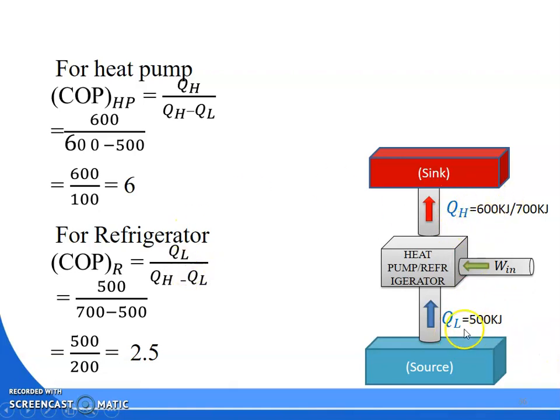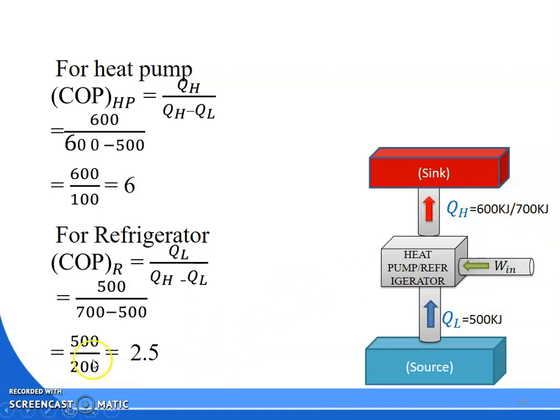For the refrigerator, it is 500, but heat rejection is 700. Only if it is the same, then COP of refrigerator plus 1 is equal to COP of heat pump. It will be possible when both are operating between the same temperature limits. But in this case, heat rejection is different. Though heat supply is the same, heat rejection is different. Clear?